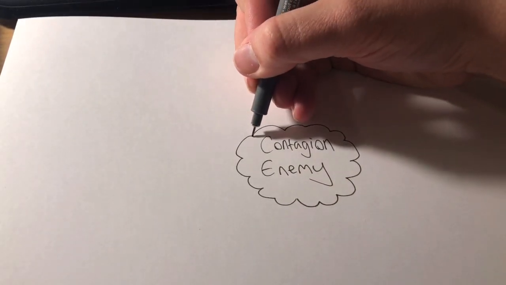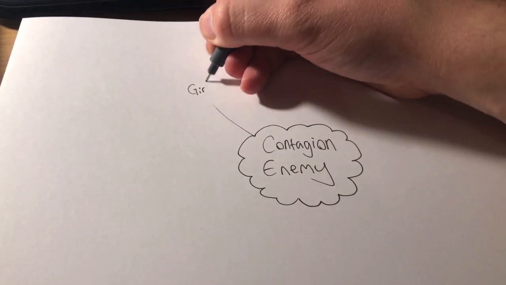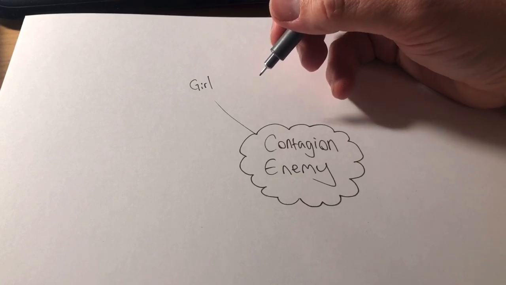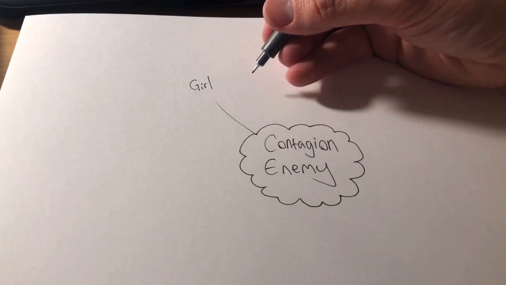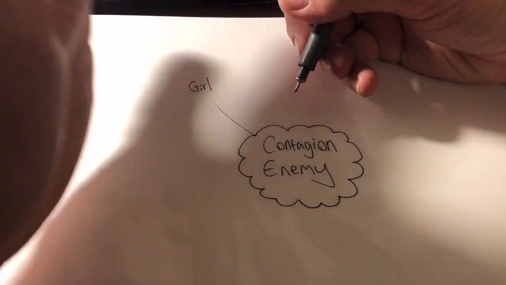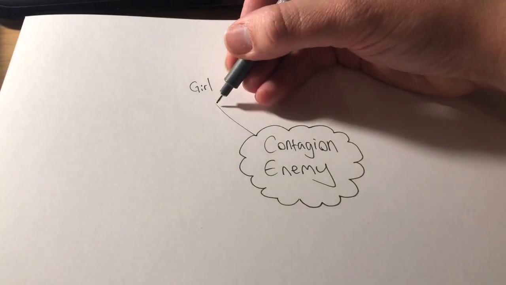So let's see. So we know we're going to want it to be a young girl. Of course, you can go along with this. Just create your own character. Doesn't have to be the same as mine. Just create someone that you think's really, really cool and fits whatever qualities you think can fight a villain like Contagion. So I'm going to go with a girl.